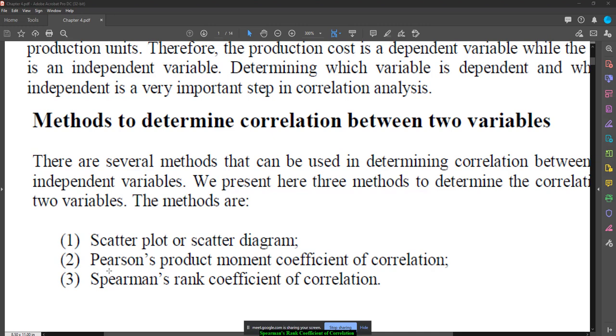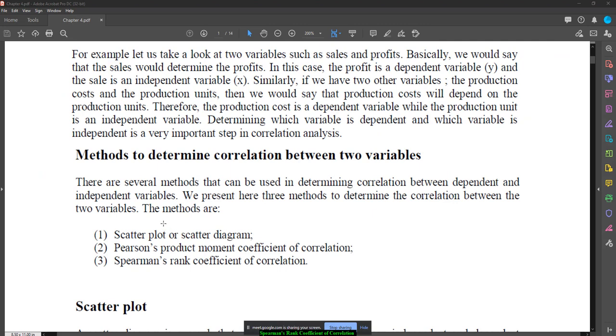It utilizes the ranking system in the data set. When we do a ranking, we calculate the difference of rank, and then we get the value of R, which also indicates the strength of the relationship between two variables.